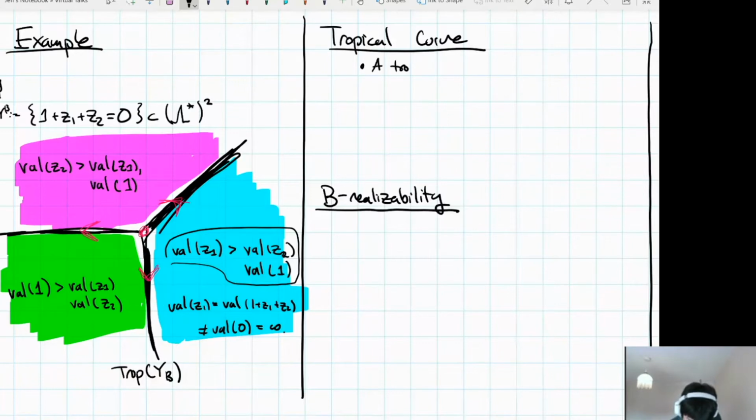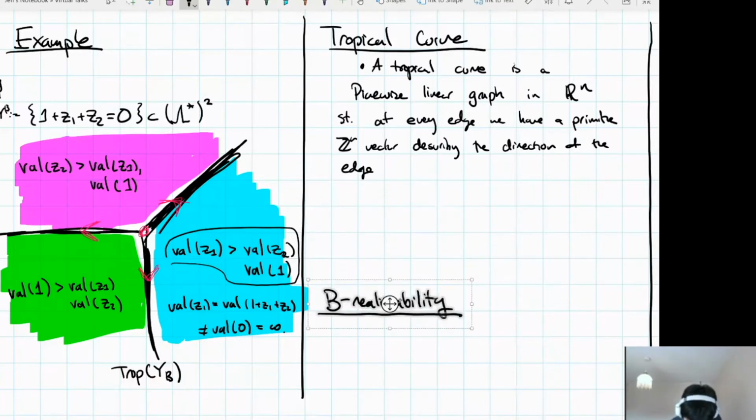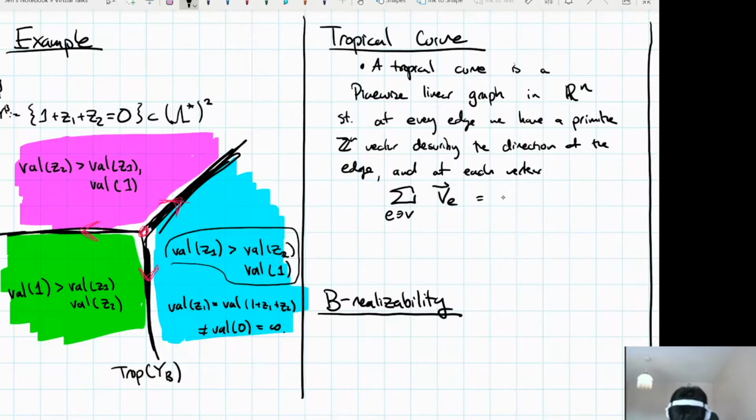A tropical curve is a piecewise linear graph in R^n such that at every edge we have a primitive Z^n vector describing the direction of the edge, and at each vertex, the sum over all edges which contain that vertex of these little vectors is equal to 0.